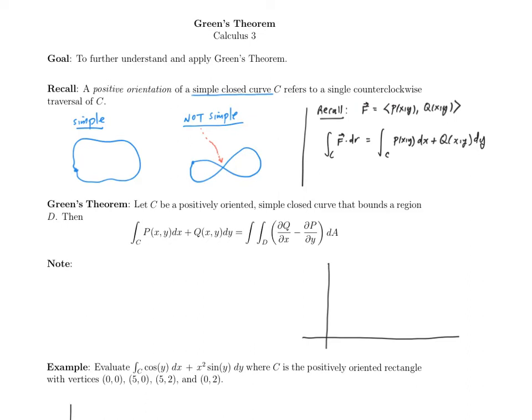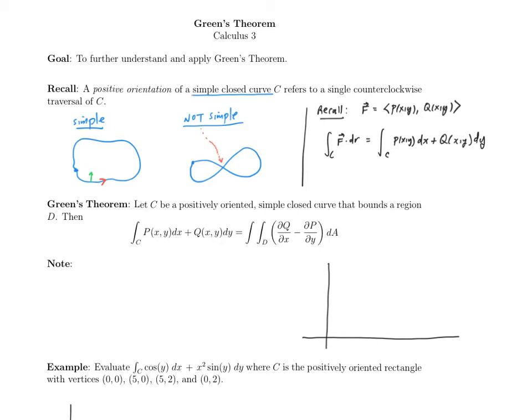Now the positive orientation portion refers to a single counterclockwise traversal of the curve. That is, when we go around this simple closed curve, we go around exactly one time in the counterclockwise direction. And note, as you travel around this curve one time in the counterclockwise direction, you will enclose a region to your left.